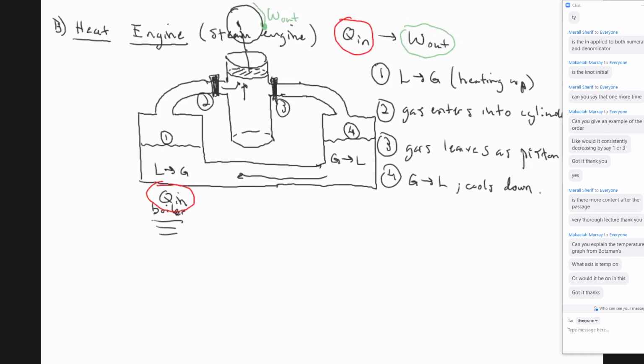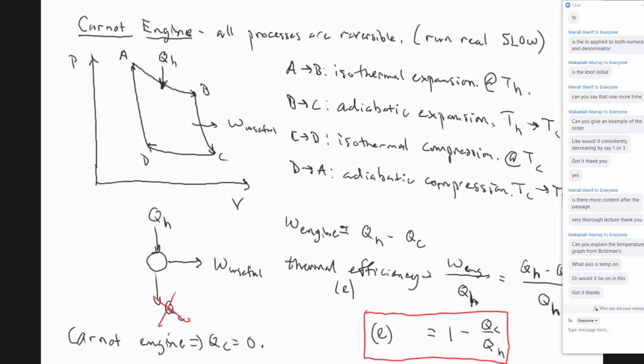That's where we got our useful work in our Carnot engine, right? And then when it's cooling down, this is our heat cold that's leaving at this point. Does that answer the question?